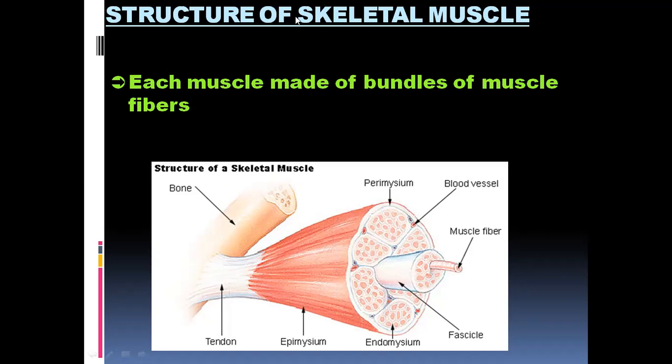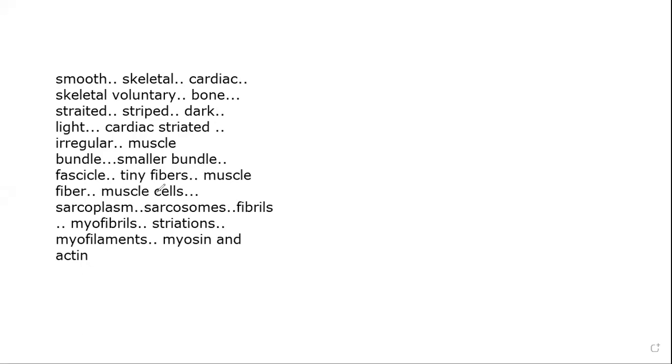Now, we have talked about the muscle fiber, which is known as the muscle cell. Let me go to the other side of the board. Yes, the muscle fiber is externally covered by the cell membrane.